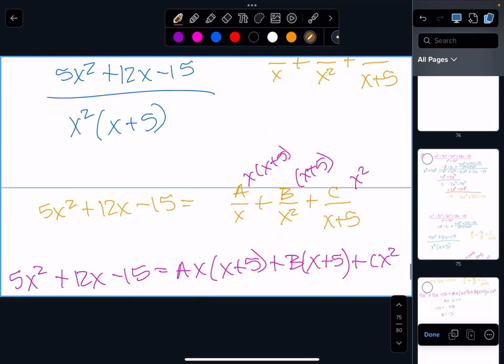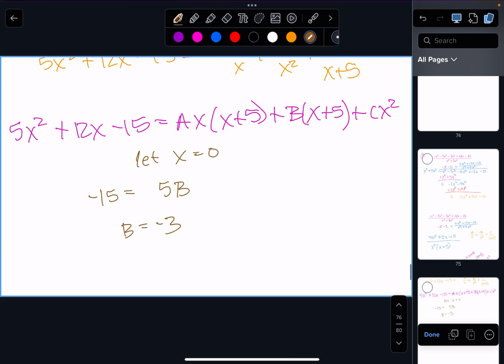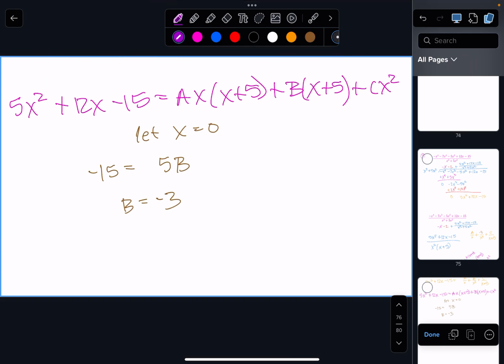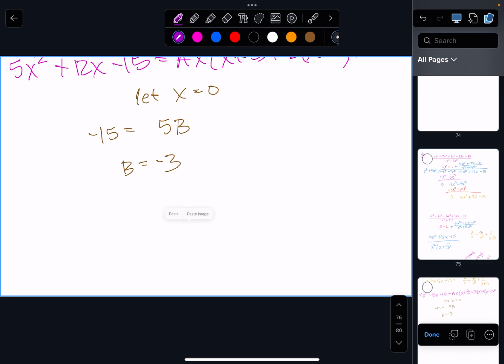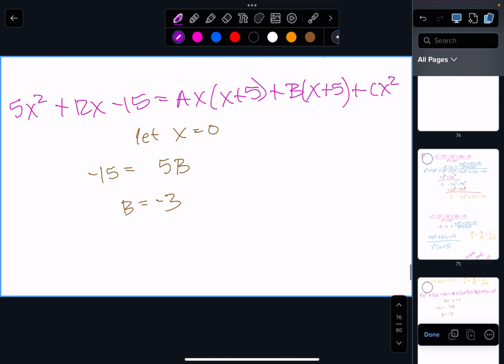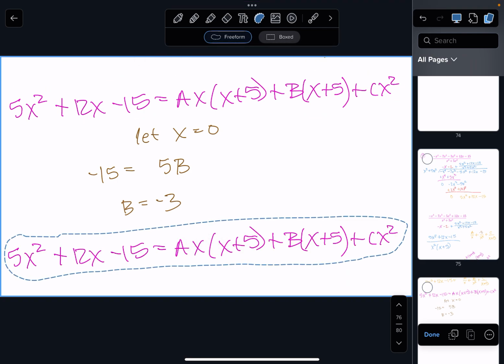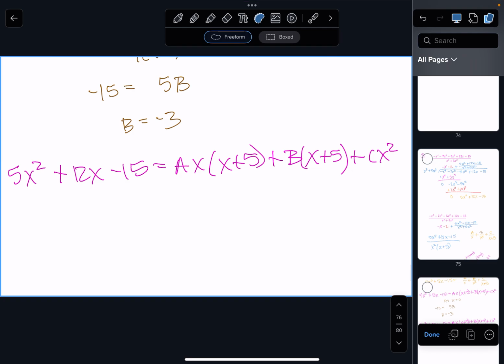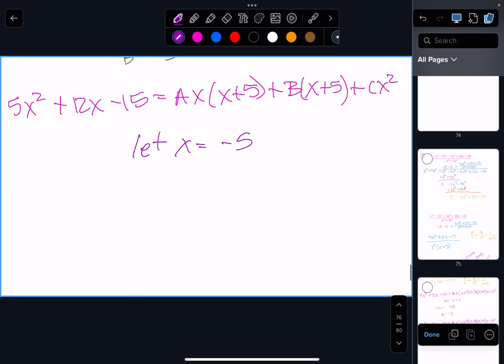We've used orange and pink. We'll do purple. Let x equal negative 5.